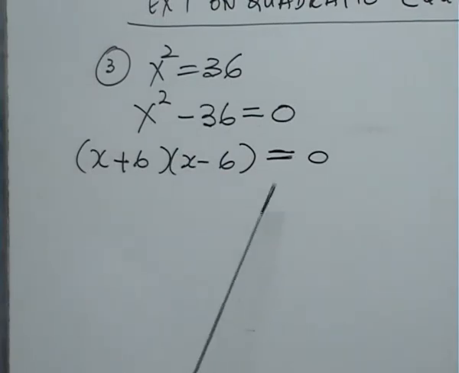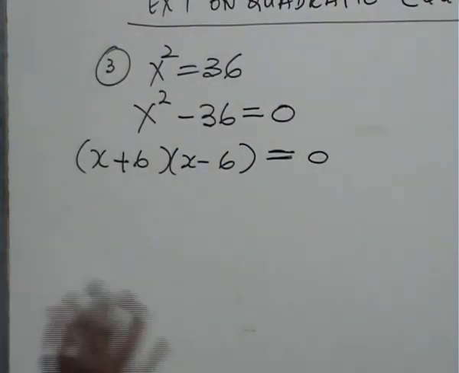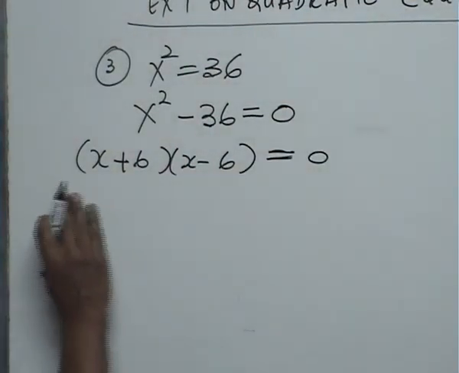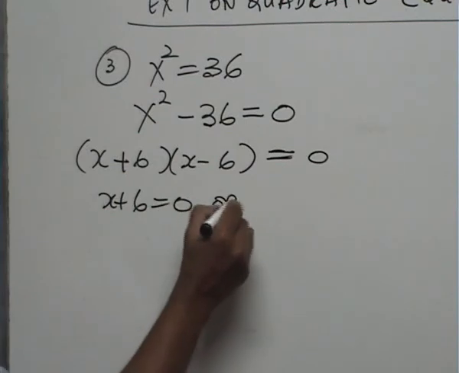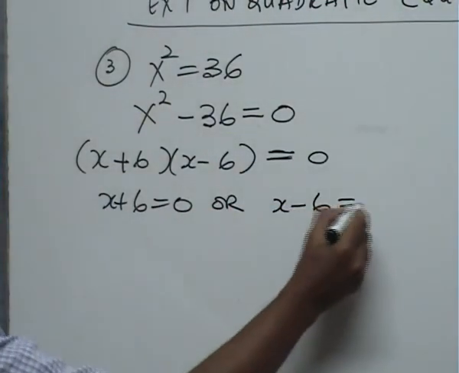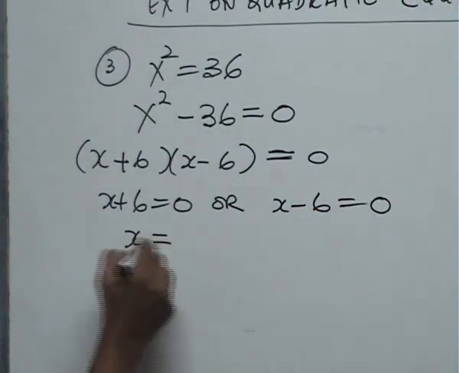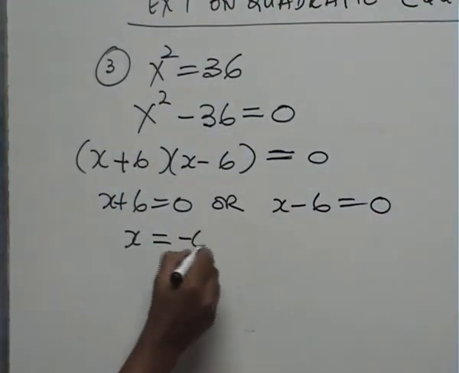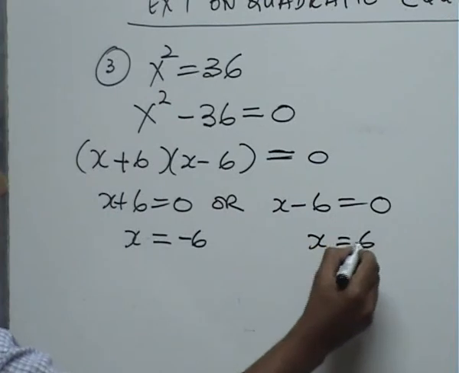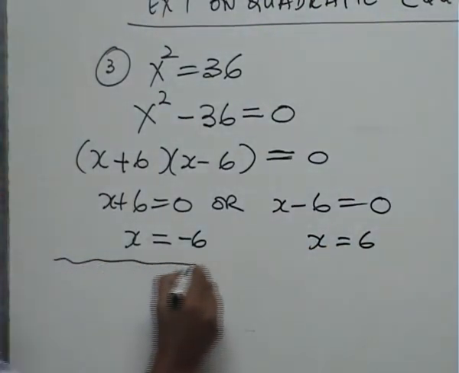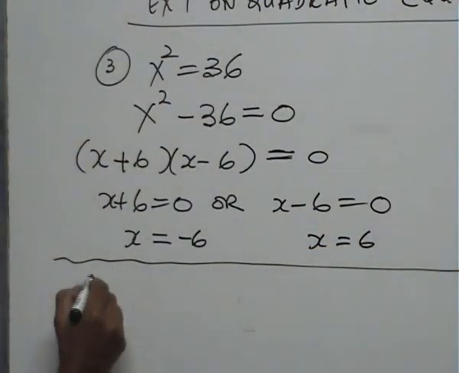If you don't know, stop here, go back, watch the previous DVD and do your factorization. Right, I factorized it. Now each factor will be equal to 0. So finally x plus 6 will become x minus 6. x minus 6 is equal to 0. x is equal to 6. So that's the end of number 3.